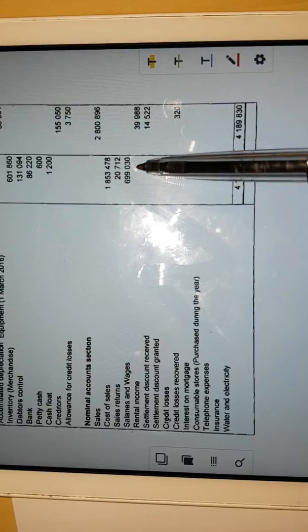Let's come here. We have salaries and wages. So our salaries and wages is 699,030. So we move to additional information. Do you have salaries and wages? Okay. Salaries and wages. I only see insurance. So we don't have anything on salaries and wages.